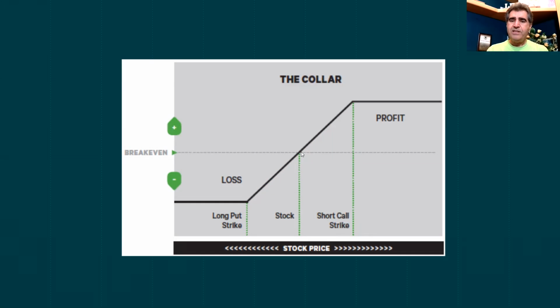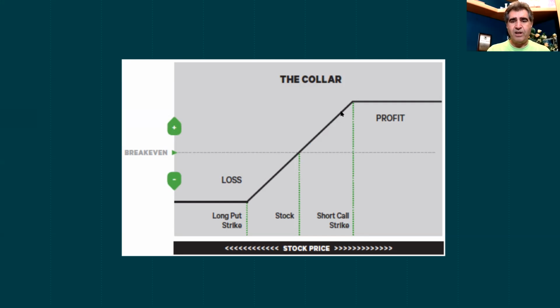As you can see, the most profitable way for this collar to work is if the stock goes up and stops right before your expiry at the strike price where you sold the call. Let's say this is 100 and this is 105, and it closed at 104.50.